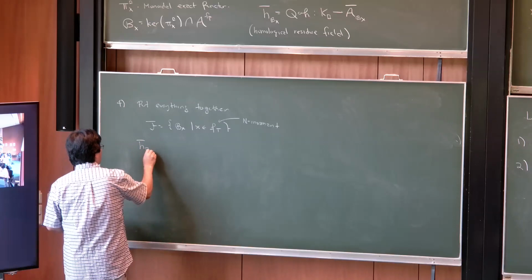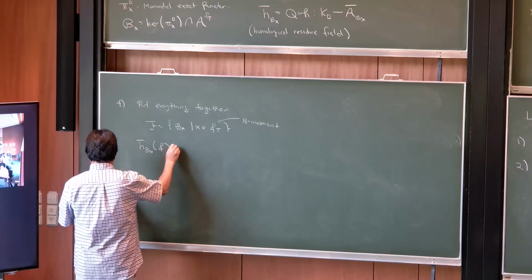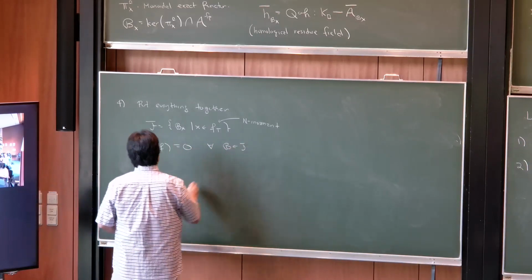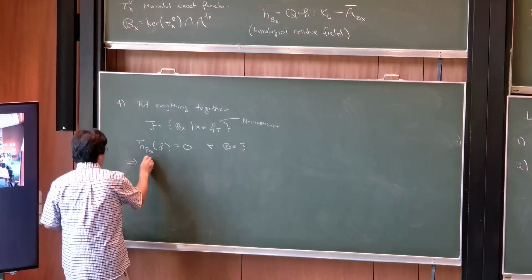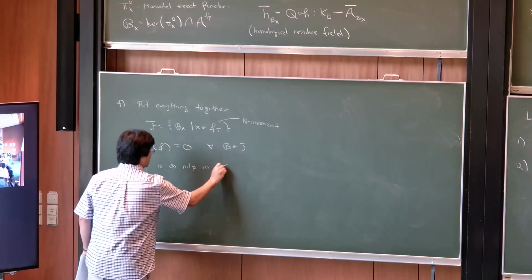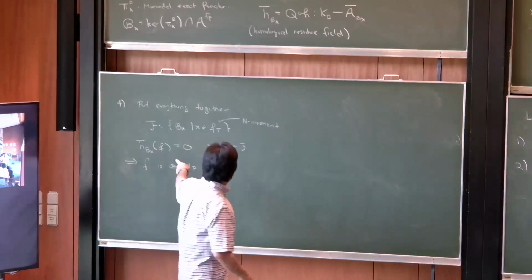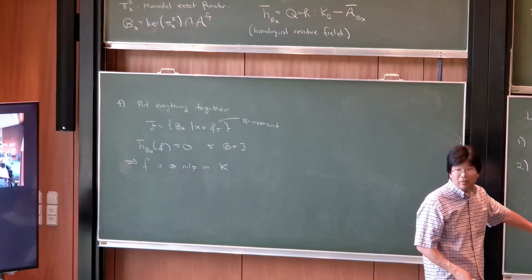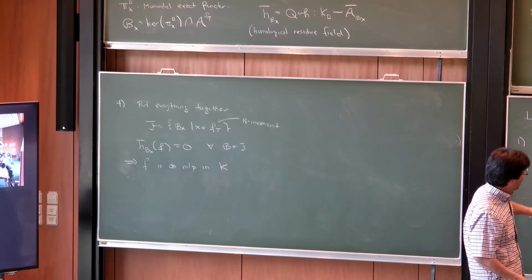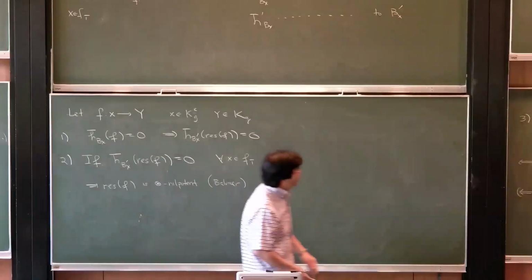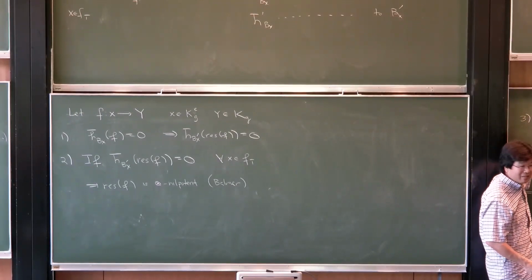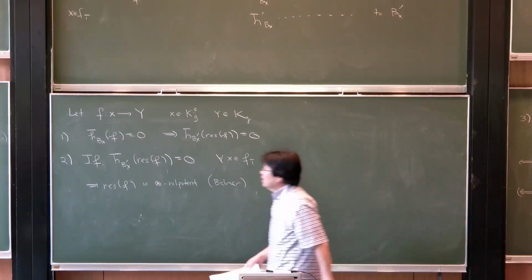That H bar B of X of F equals 0 for all C and F implies that F is tensor nilpotent. So we just apply 1 to get down to F. Then we know that the restriction is tensor nilpotent, so this is tensor nilpotent, and that proves the statement.